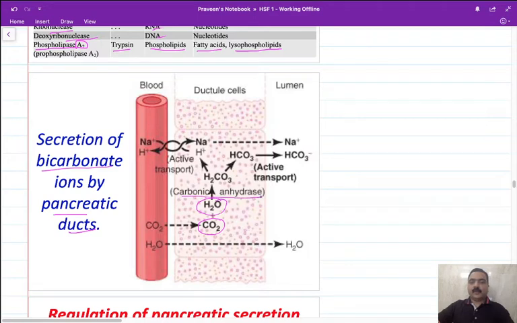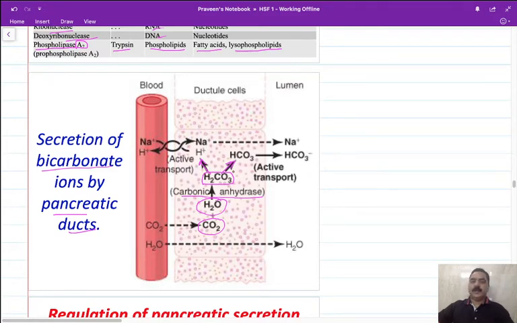The carbonic anhydrase causes the reaction between the carbon dioxide and the water and forms carbonic acid. This carbonic acid immediately dissociates into bicarbonate and H plus. The bicarbonate is transferred into the lumen of the duct and then secreted into the lumen of the intestine.